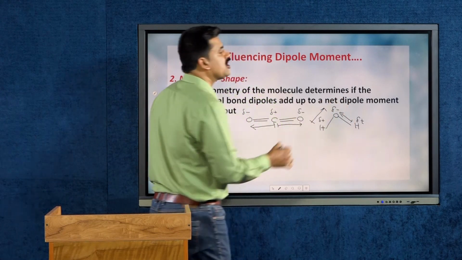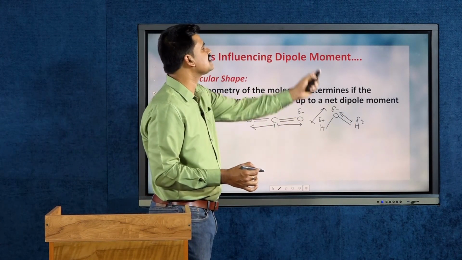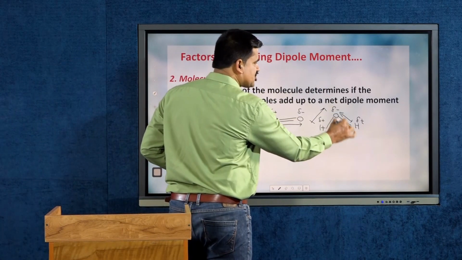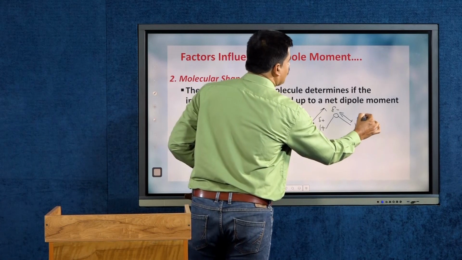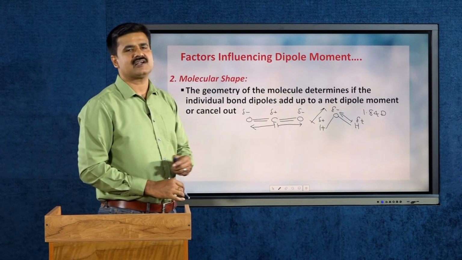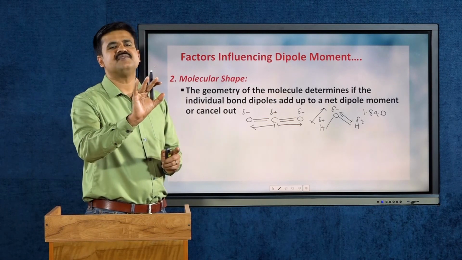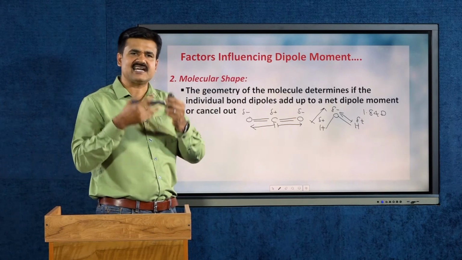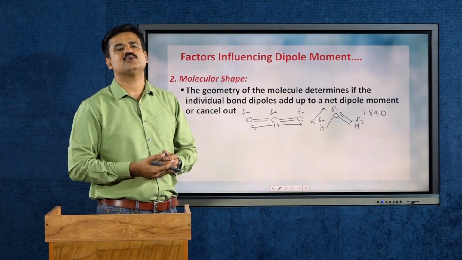These two vectors will not cancel each other and there is a resultant vector towards the top direction. This bent shape provides a dipole moment of 1.84 D to the water molecule. So, it is very clear that molecular shape has a strict connection with the magnitude of the dipole moment.